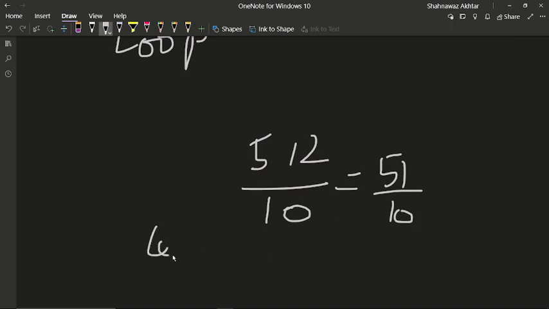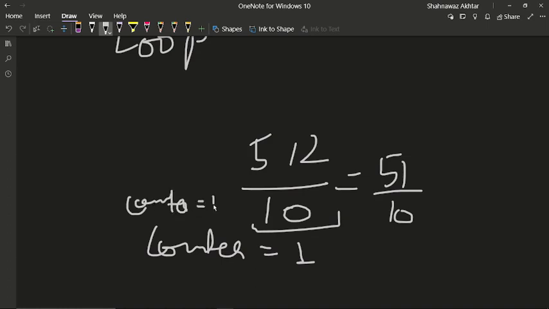And we have a counter also which will count how many times it has been divided. Here it has divided, so we will make the counter 1. Initially we have the counter as 0 because initially we are considering that there are no digits, but as we move ahead, we will get some digits. So we will increase this counter, and it has got to 1.